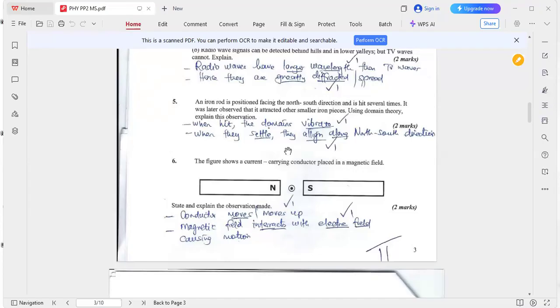We set the dipoles into vibration, then align them in the north-south direction. Of course, they align themselves in that direction because of the Earth's north-south magnetic field. It's the one that influenced them to face in that direction. So don't say that the domains vibrate, it's the dipoles that vibrate.